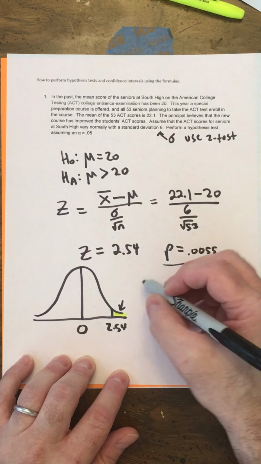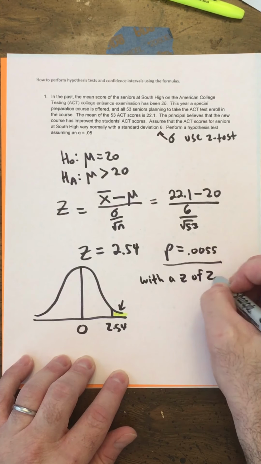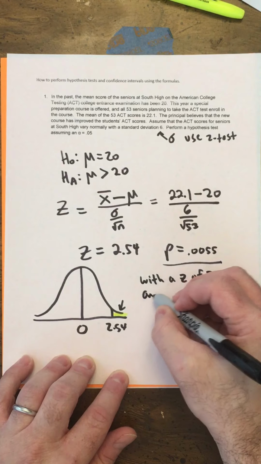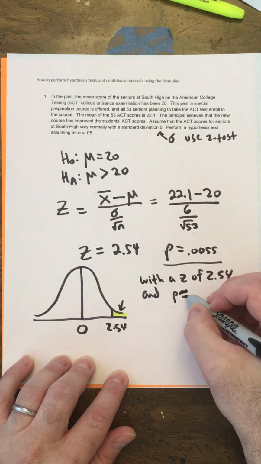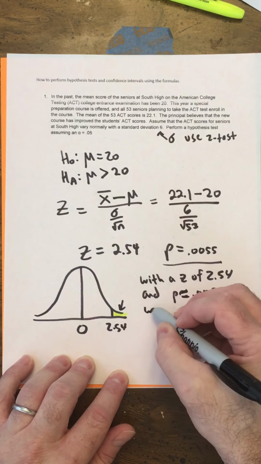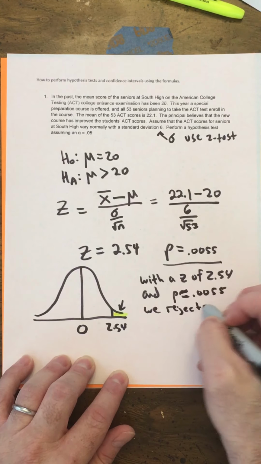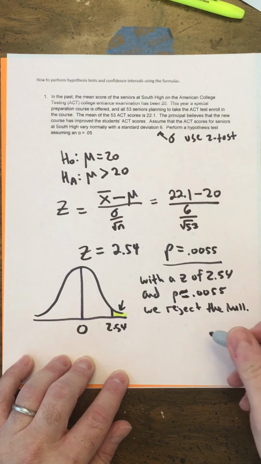We reject the null. So you would say something like, with a z of 2.54 and p equals 0.0055, we reject the null hypothesis, right? What are we going to say? Now we need context.